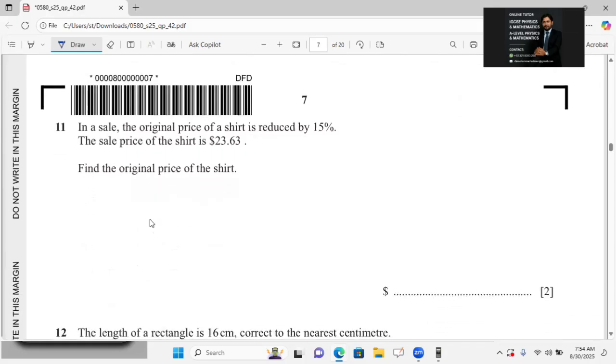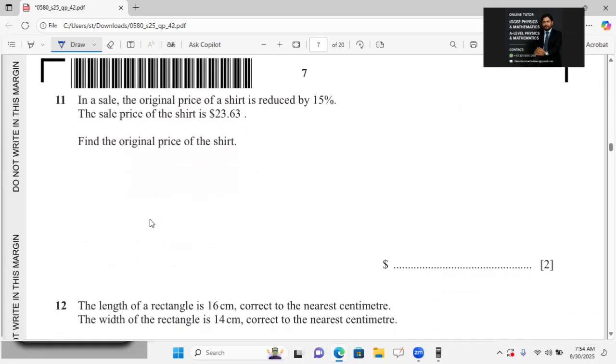Okay, in the next question, he is saying in a sale, the original price of a shirt is reduced by 15%. The sale price of the shirt is 23.63. Find the original price. It means it is 85% value. Let's suppose the original price is X and I am multiplying it by 100 minus 15, which is 85 over 100.